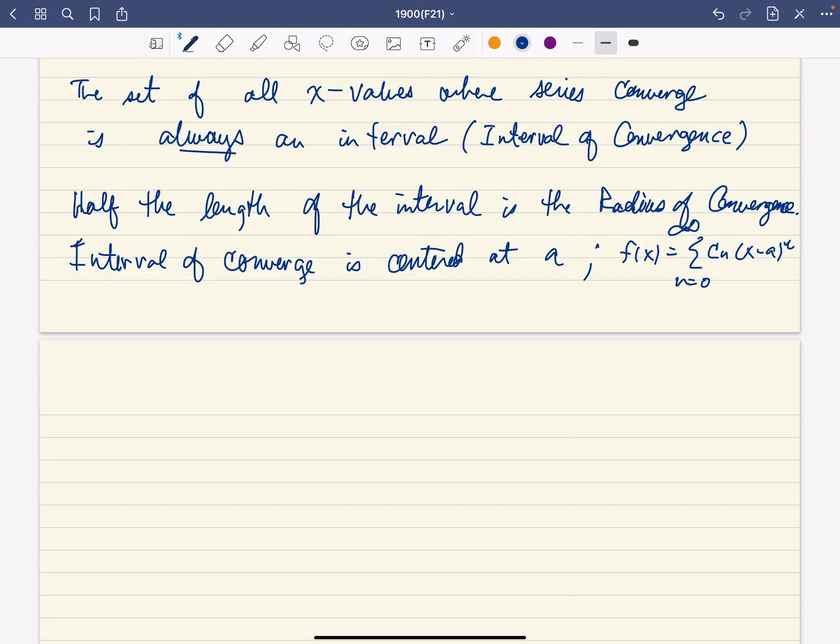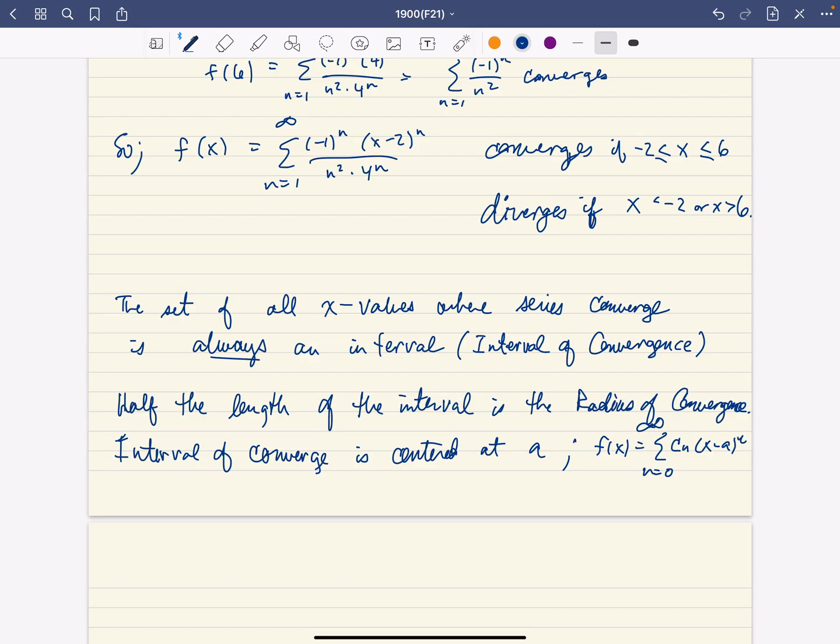So, for example, going back up one more time to this example that we just did here, this interval converged from negative 2 to 6. And lo and behold, halfway between negative 2 and 6 is the center of our interval, which is 2, and that's because we had this x minus 2 to the n, and so 2 was the center of the power series.